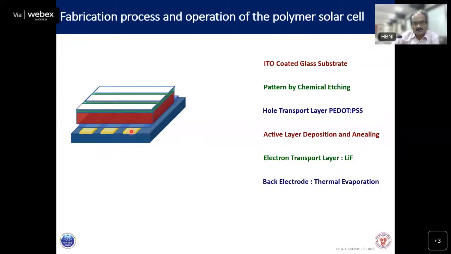Now you have two electrodes, one is this ITO and another is this aluminum. And now you can see there are 9 devices, a 3 by 3 matrix. So you will have 9 devices, and you can select any device by selecting the contacts appropriately.